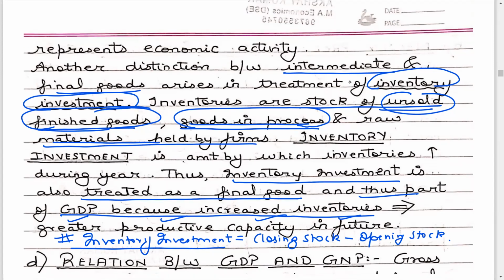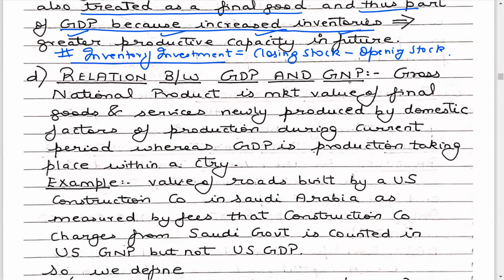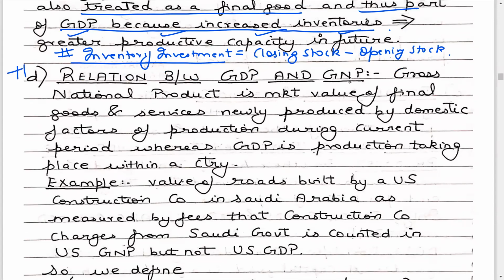Okay, so guys, this is where I intend to stop in this particular lecture. We'll start with the difference between GDP and GNP in the next lecture of national income accounting. So we'll talk about what is GDP, what is GNP, and what is the difference between them.